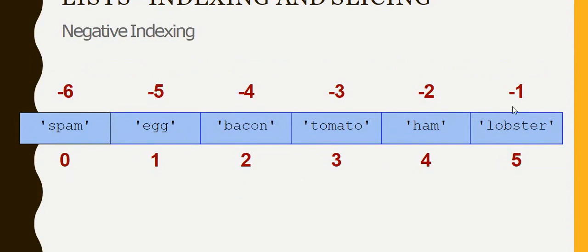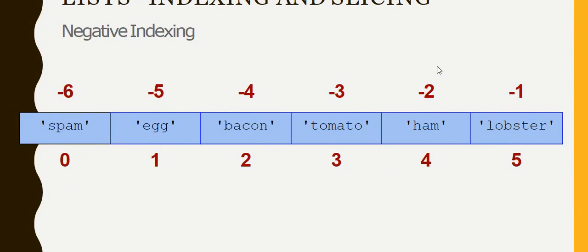So -1 means the last value, -2 means the second last value, third last, and so on. Instead of using the number 98 or 99, I can simply use -2. So negative indexing is very much possible in the case of lists as well. The same thing is applicable for strings also, that we have already seen.